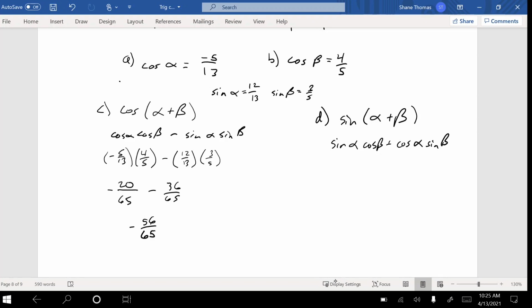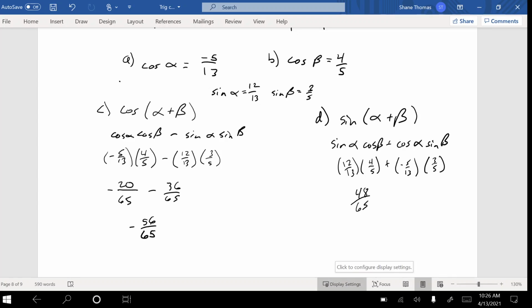So, sine alpha is going to be 12/13. What's cosine of beta? 4/5 plus cosine alpha, -5/13 sine beta, 3/5. Okay, left side 12 and 4 is going to be 48 over 65.